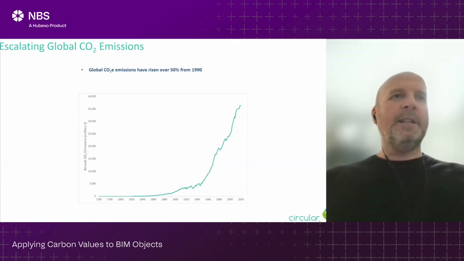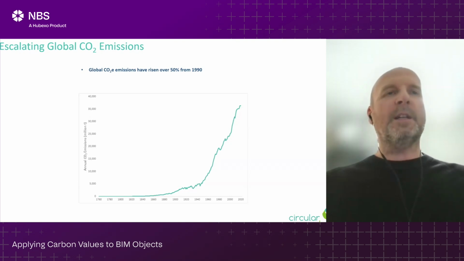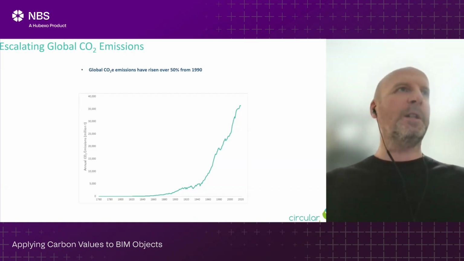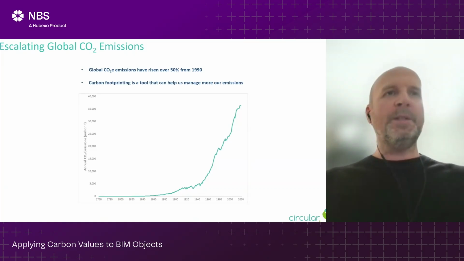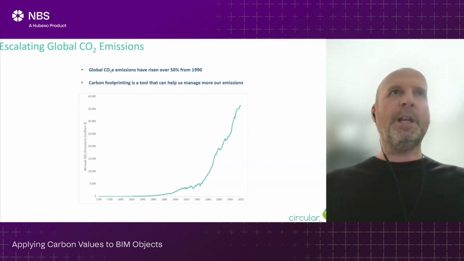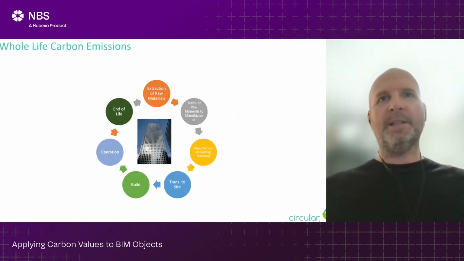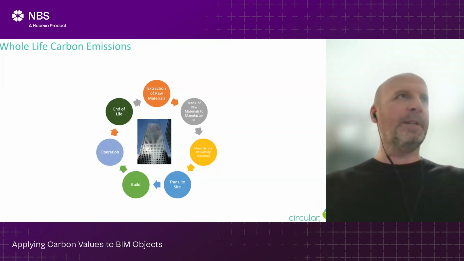In fact, since 1980, which is when almost all of our political targets, national and international, to reduce emissions from a 1990 baseline, CO2 emissions have risen over 50%. So we've got much more work to do. Now, carbon footprinting, whole life carbon assessment, carbon life cycle assessment is a decision support tool that can help us manage our emissions better. So that's what we're here to discuss today in the context of buildings.